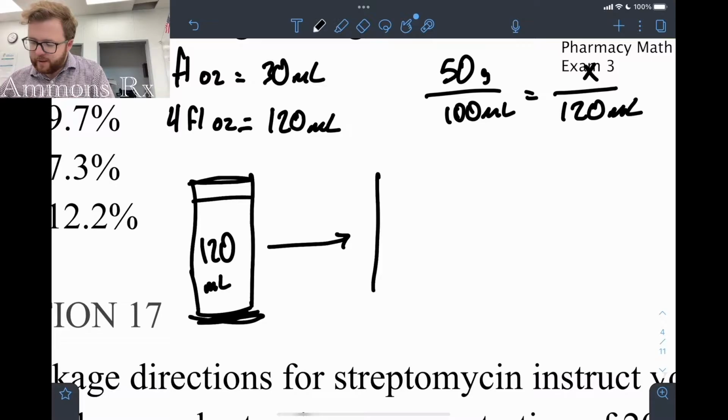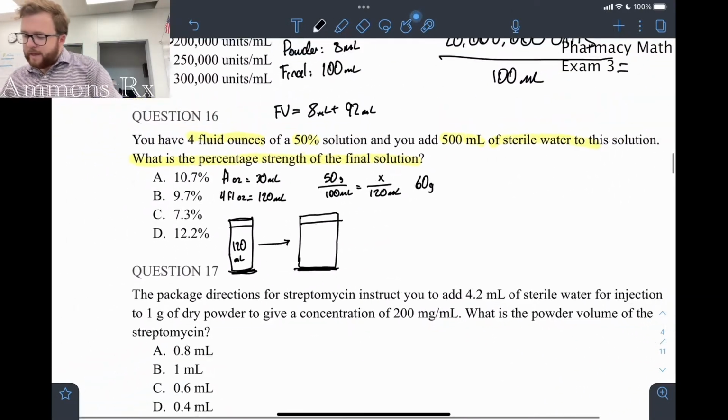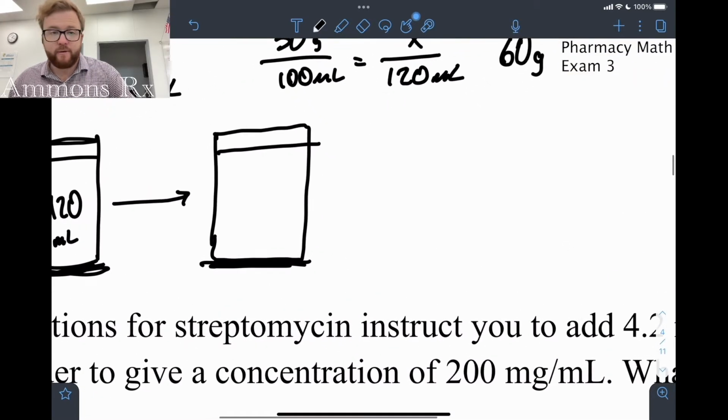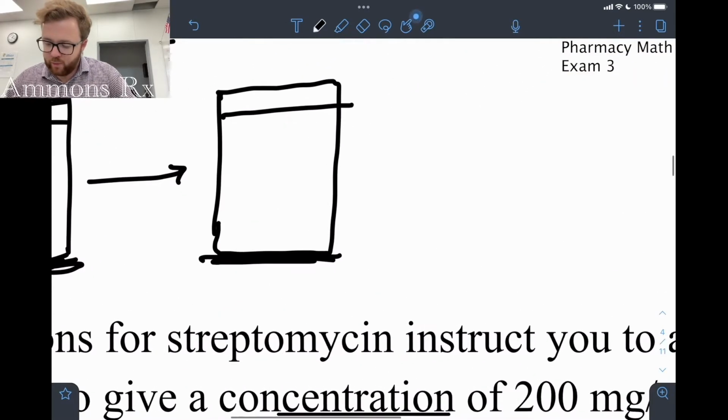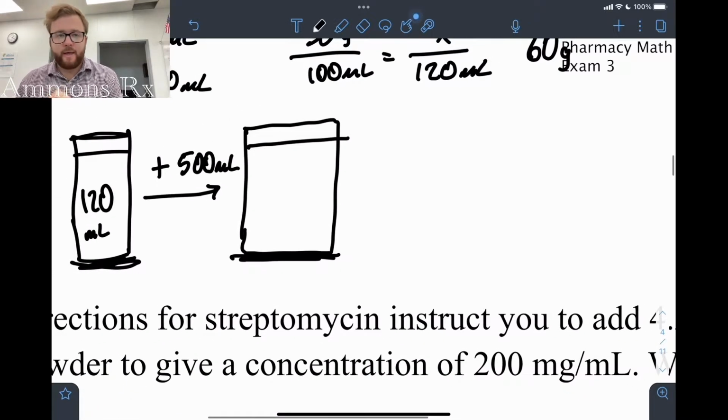So right here, this is where a lot of people will get this question wrong, because they're like, okay, add 500 mils of sterile water, so that means my final volume is 500 mils. No. So you added 500 here. That 120 mils in the beginning did not just disappear.